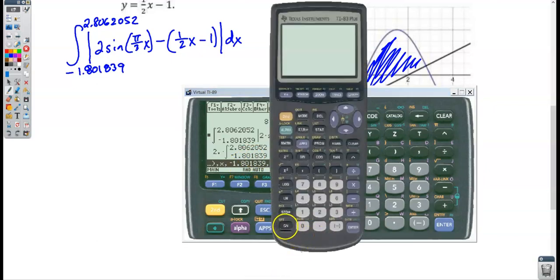I'm going to use my other calculator here, if I can get it to turn on. And there we go.